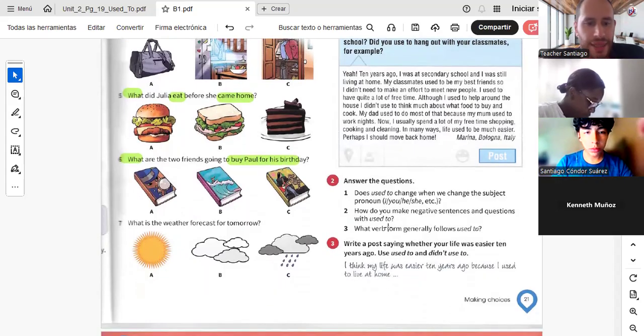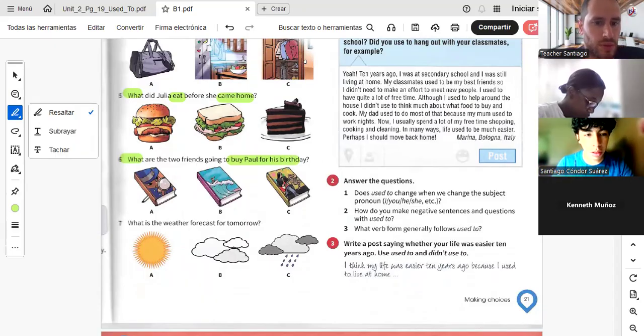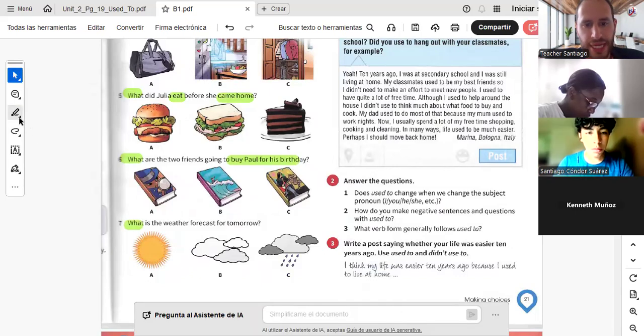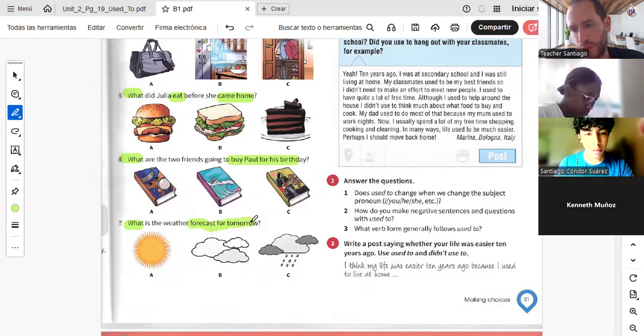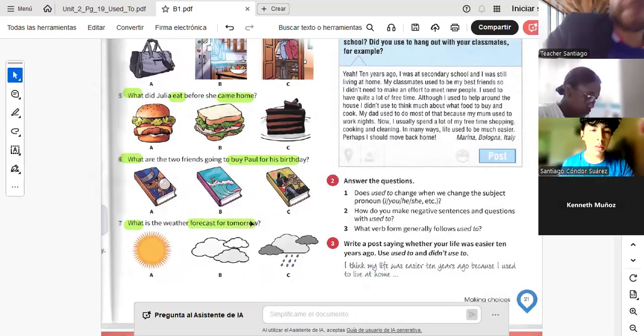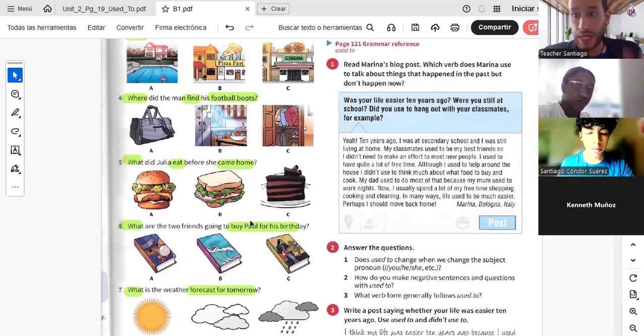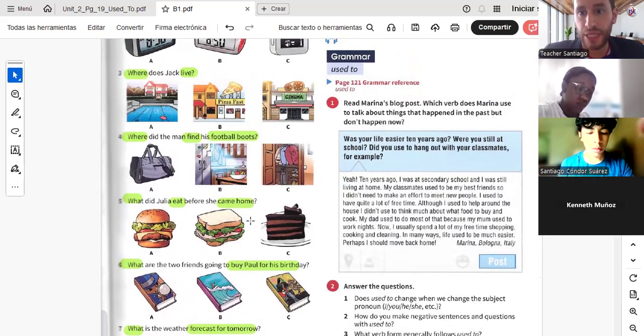And finally, Santi, what is the weather forecast for tomorrow? Weather, okay, forecast. It's like the television program that reports the weather, right? So in this case, we're going to focus on forecast tomorrow. Okay, so far so good. So here we have the main ideas, the information we need to identify, right?